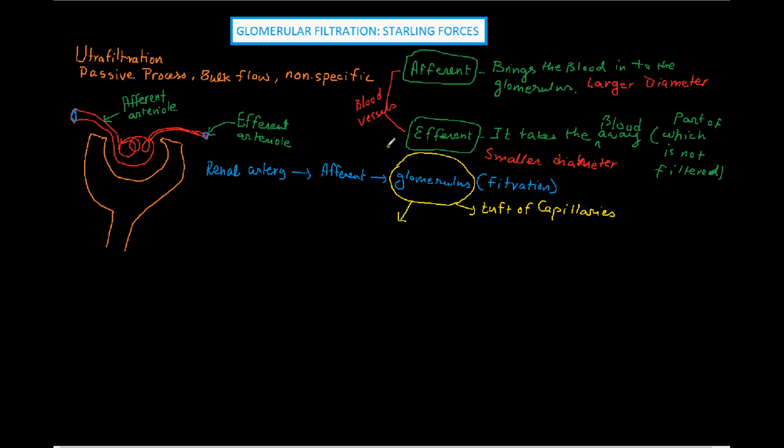So when the blood is entering through the afferent arteriole, since the diameter of the afferent arteriole is larger, a lot of blood is entering there.